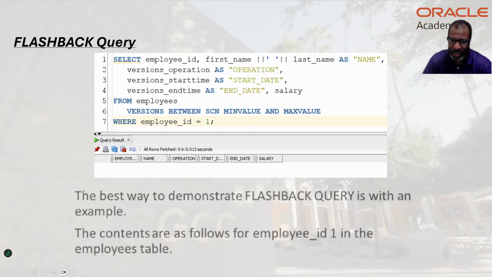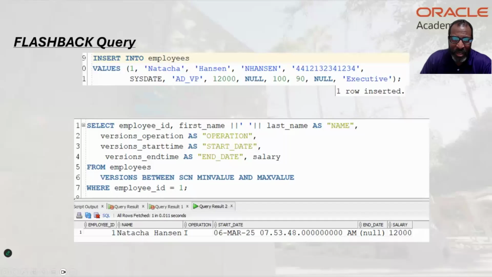The best way to demonstrate this is with an example. The contents are as follows: employee ID 1 in the employees table. We're going to insert an arbitrary new value into our employees table. This one, Natasha Henson, email, and for 1-2, that looks like a phone number. Sysdate, hire date, et cetera.